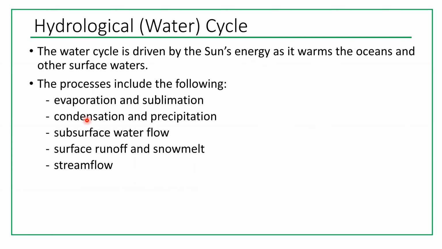So here are some of the processes of the water cycle: evaporation and sublimation, condensation, precipitation, and some flow of water. It can be surface flow, runoff, snow melt, or stream flow. We will look very briefly at these processes to better understand the water cycle.